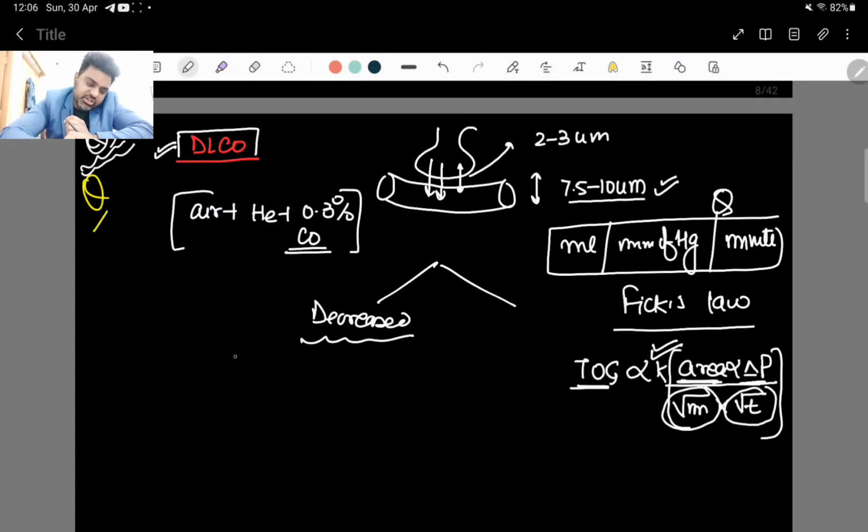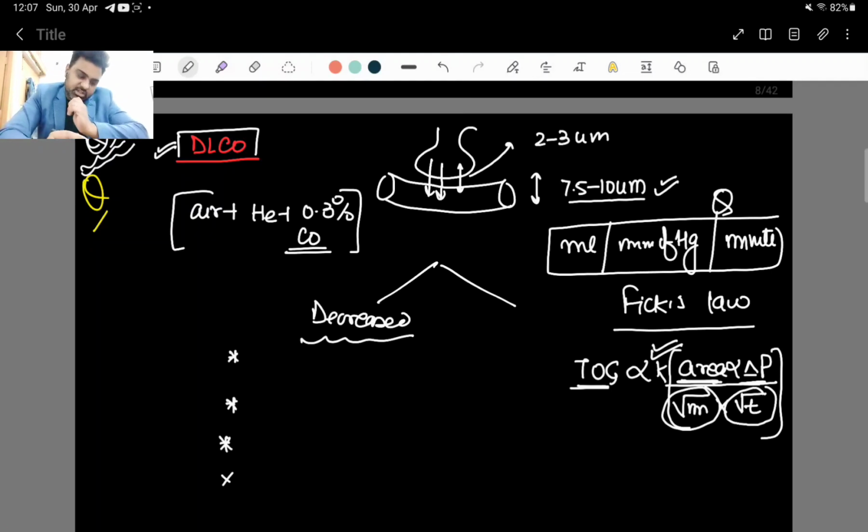Now there are 4 conditions that you have to remember where there is a decrease of DLCO. These are pulmonary artery hypertension, anemia, intrinsic lung disease, and emphysema, which is an obstructive lung disease. So whenever you have an obstructive lung disease with decreased DLCO, emphysema should come into your mind.